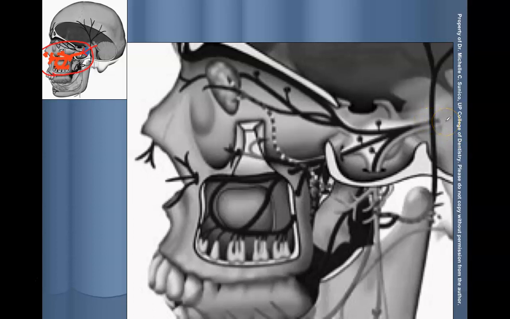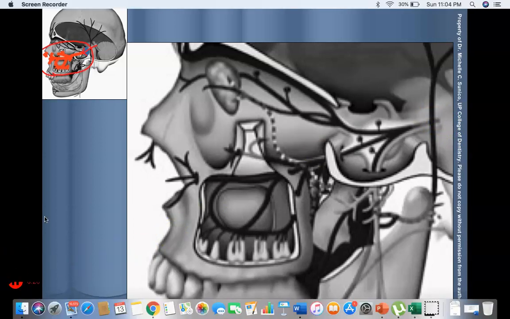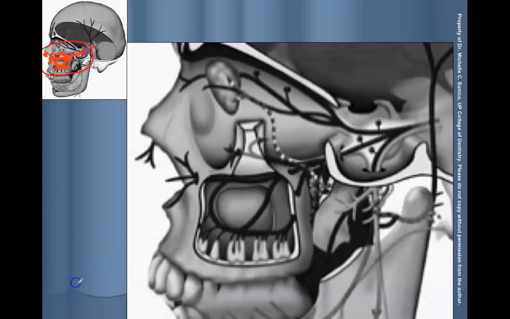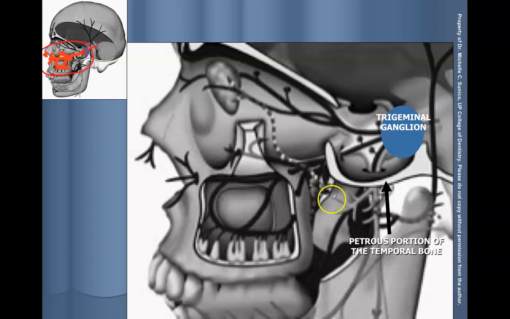So before we begin tracing the route of the maxillary nerve, let us first familiarize ourselves with some anatomical landmarks, beginning with the trigeminal ganglion, which is found at the petrous portion of the temporal bone.